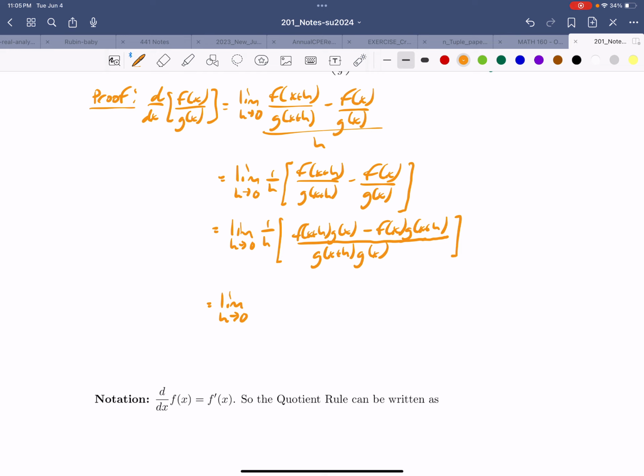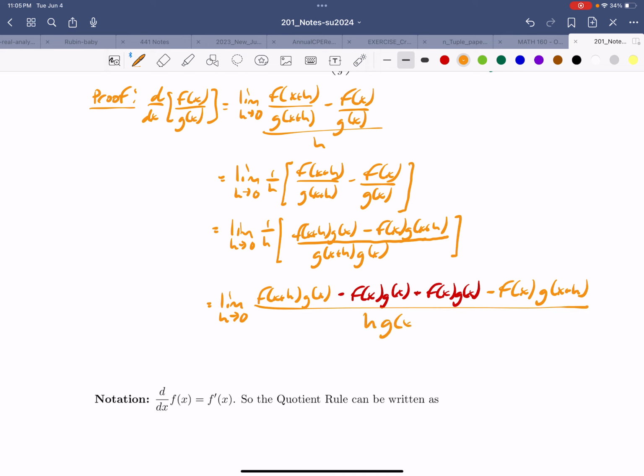We're going to have f of x plus h, g of x, and I'm actually going to use red so this pops, minus f of x, g of x, plus f of x, g of x. See how, again, we have added 0 into the numerator? Right? And I'm going to stick that h down here with the g of x plus h and g of x. Okay?